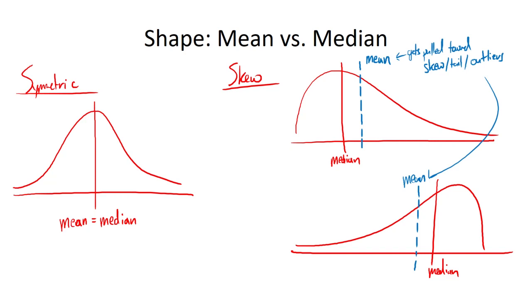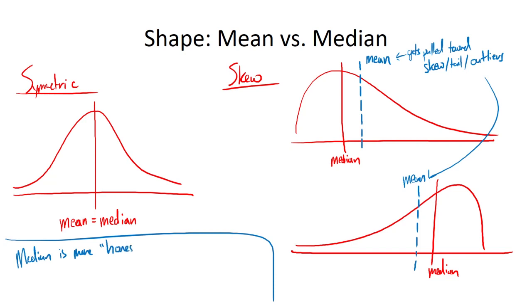Okay, so I'll just add that down here. Typically, I consider median a more honest measure for skewed distributions.